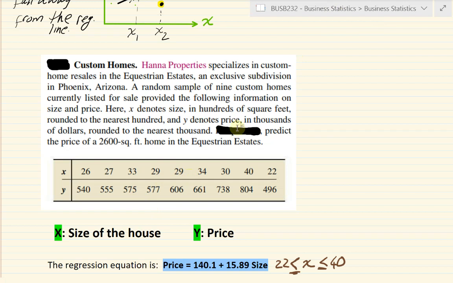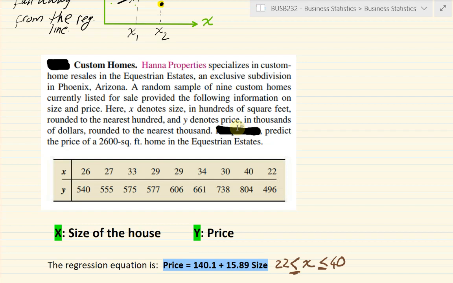It wouldn't make sense to predict the size of a house from the price, but it would make sense to predict the price of a house based on the size, because size determines the price, not the other way around, right?